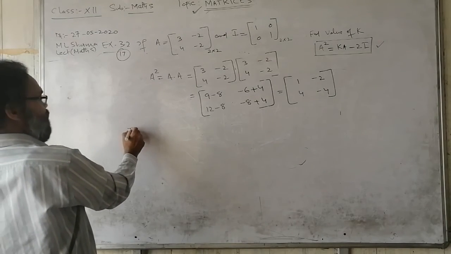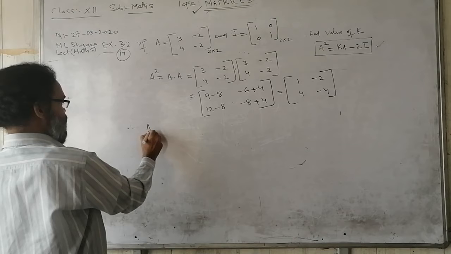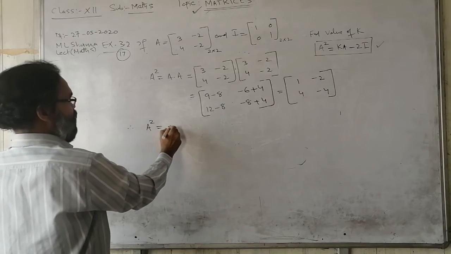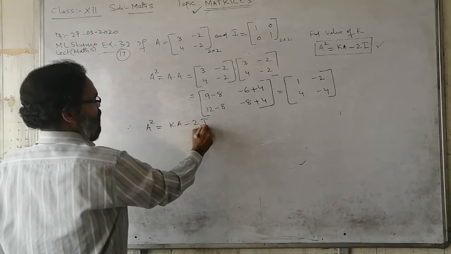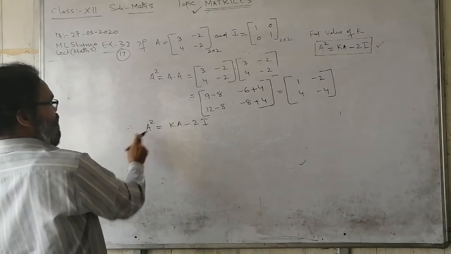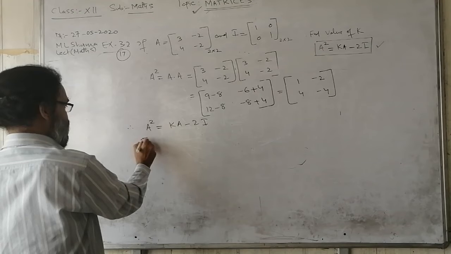So taking the result A square equal to K times A minus 2 into I, I can put the value here of A square.